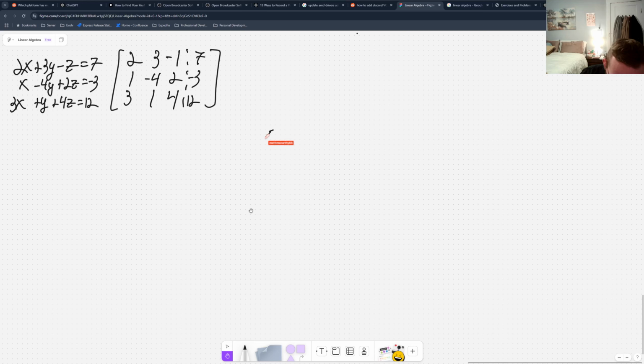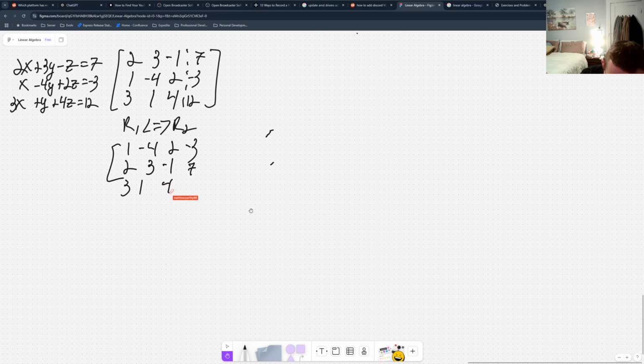So we're going to do R1 swap with R2. Okay. Could rewrite this as 1, -4, 2, -3, 2, 3, -1, 7, 3, 1, 4, 12. Okay, cool.